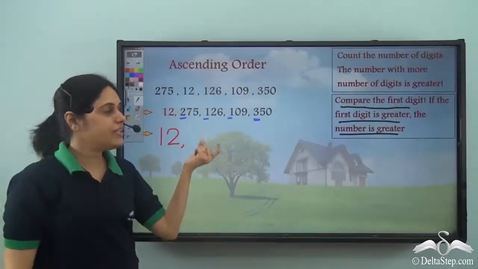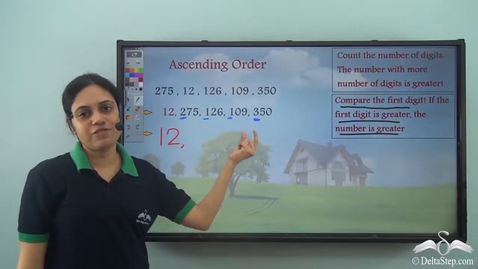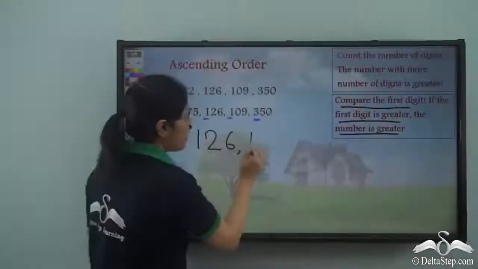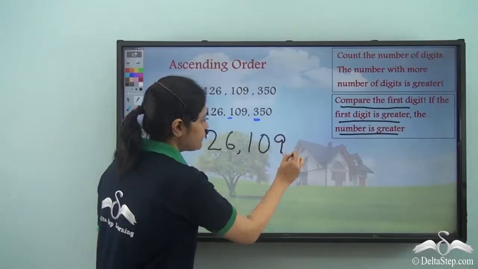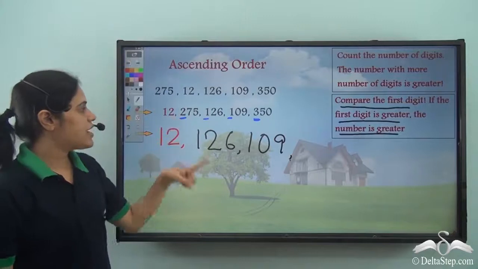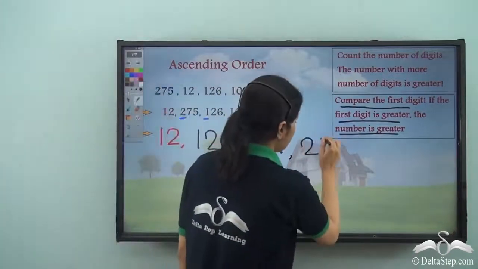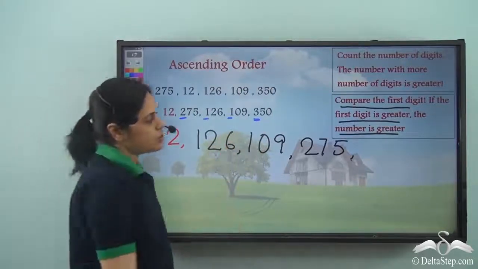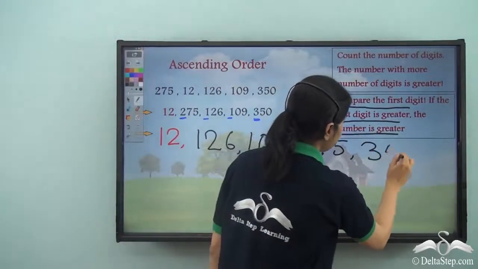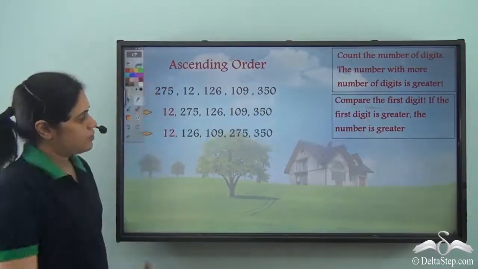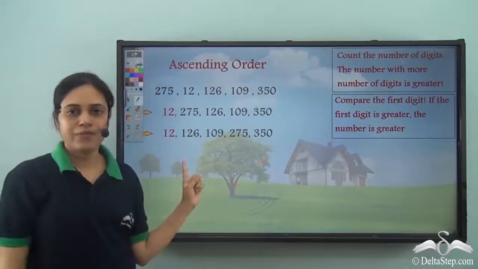So let me write the numbers with first digit as 1 first, which are 126, 109. Now after 1 we have 2. So the number starting with 2, 275. Then we have 3. So let me write down the number starting with 3, 350.